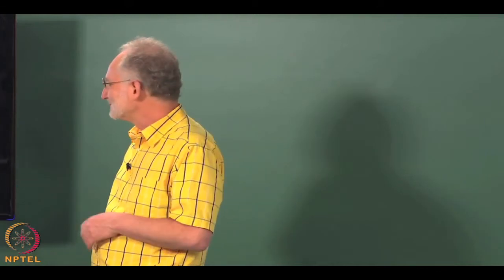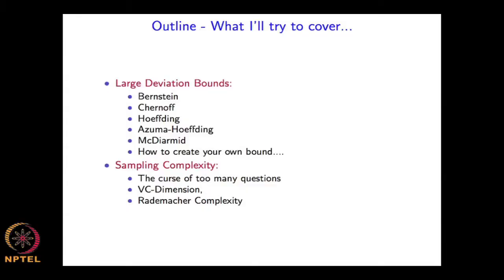Then there's a whole chain of development, one step after the other, which goes to Chernoff and Hoeffding and Azuma-Hoeffding and McDiarmid, and they all have some meaning here. And then I'll show you that there's actually a general recipe here, and if you understand the recipe, then you can use it for many other applications that don't fit into this or that particular bound.